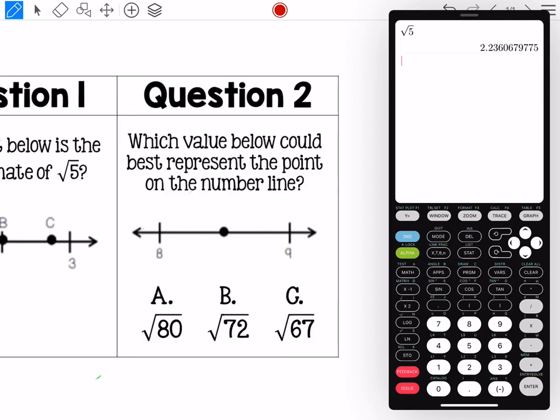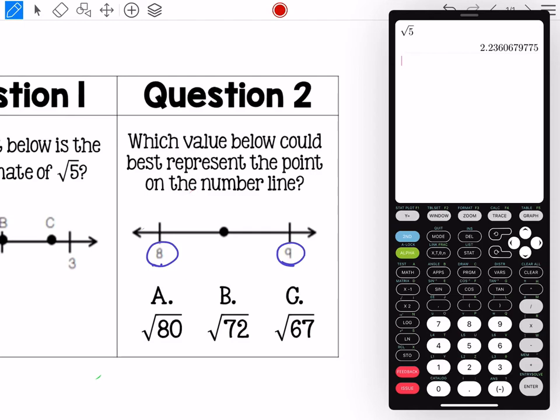Again, the important thing is to notice what numbers are actually on our number line. Here, if you notice, we are between 8 and 9. So our answers A, B, and C have to fall between 8 and 9.